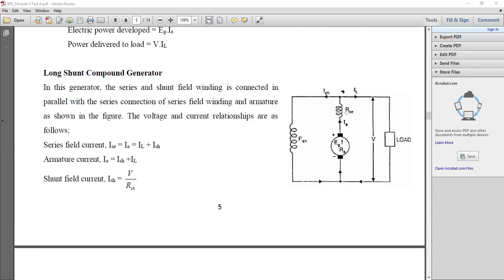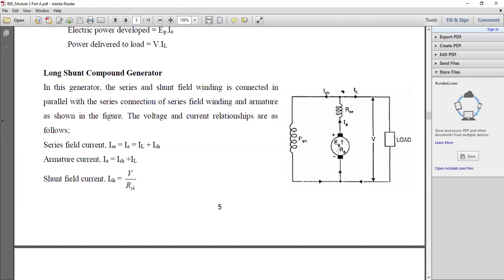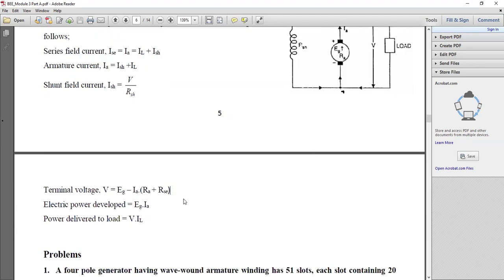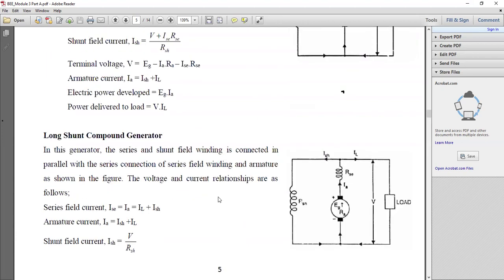RSC means series field resistance, RA is the armature resistance. So power developed is equal to EG into IA. Power delivered to the load is V into IL. This is regarding the long shunt compound generator.